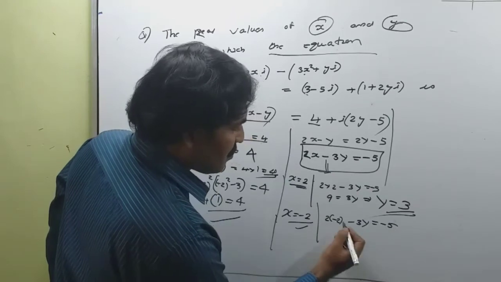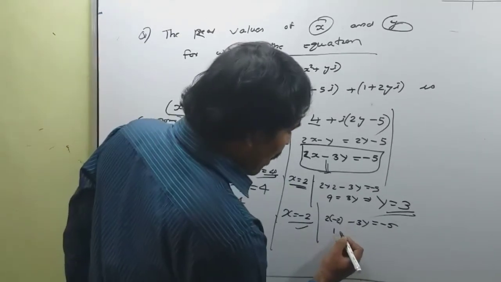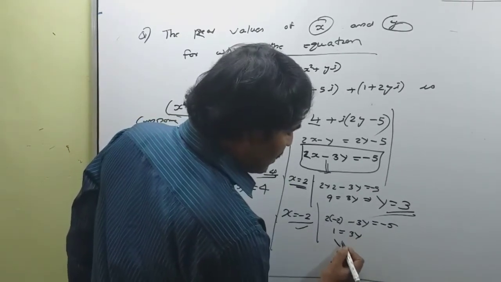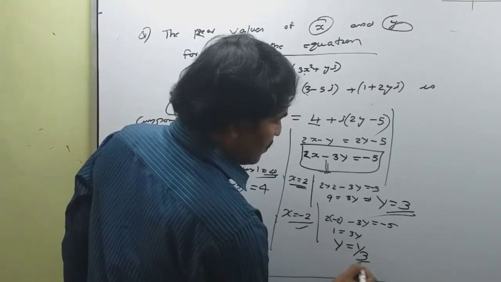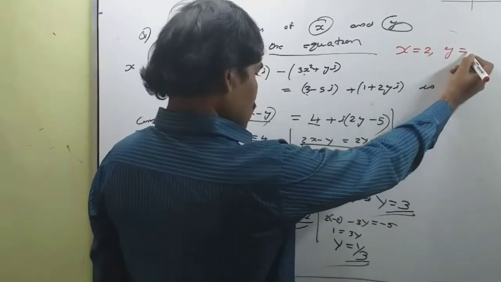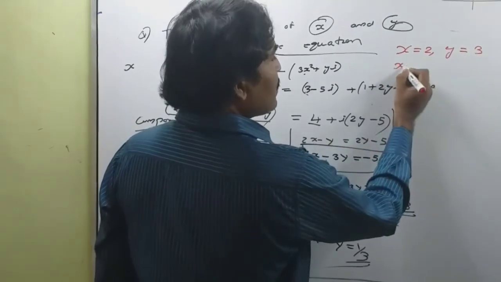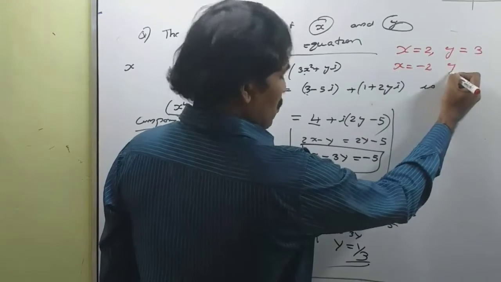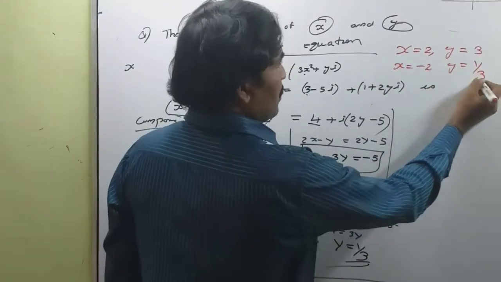So 1 is equal to 3y, or y is equal to 1 by 3. x is equal to 2 and y is equal to 3. x is equal to minus 2, y is equal to 1 by 3.